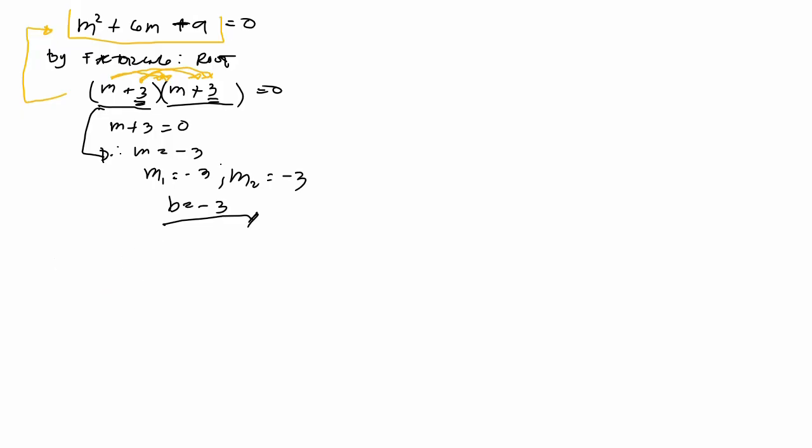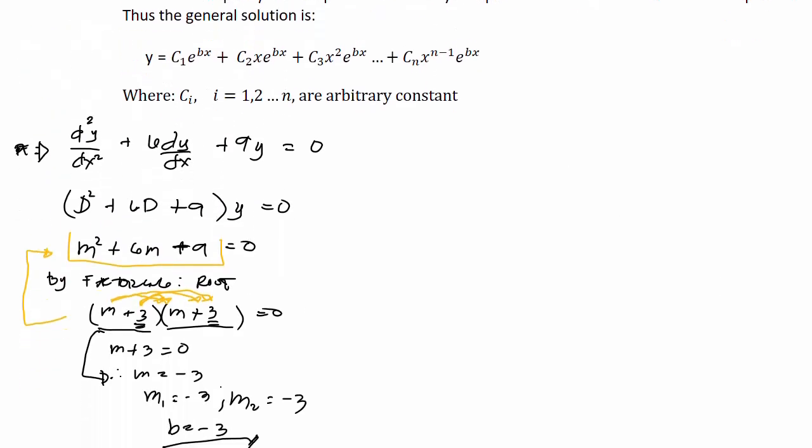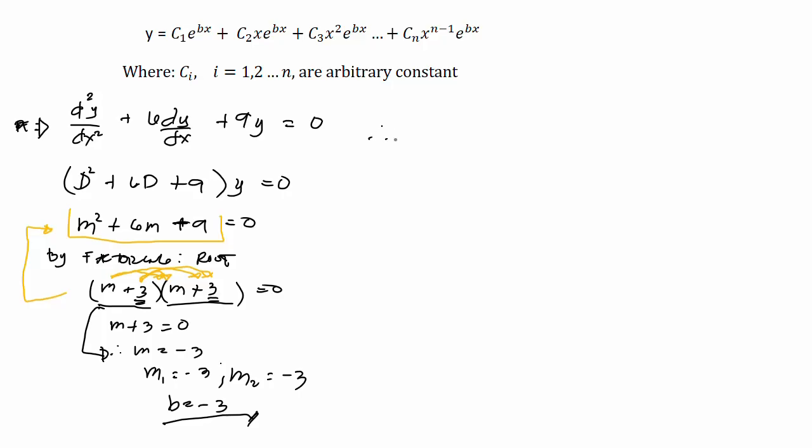By using that equation, our general solution would be c sub 1 e raised to negative 3x, and for our second term, plus c sub 2, the x will appear, so we have x e to the negative 3x.